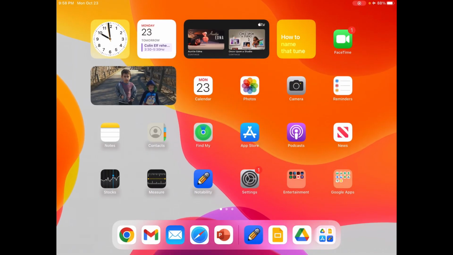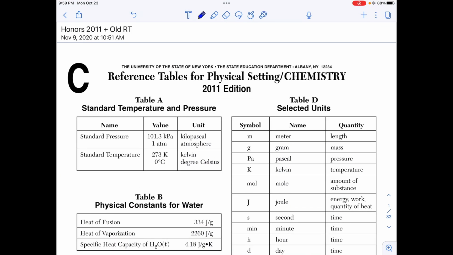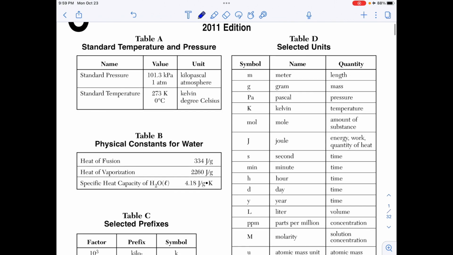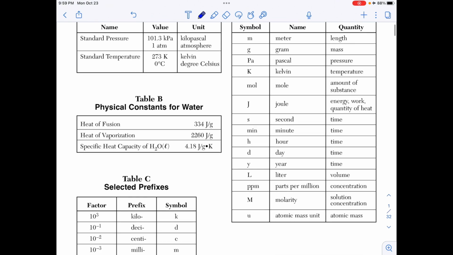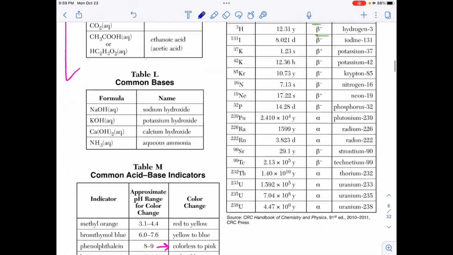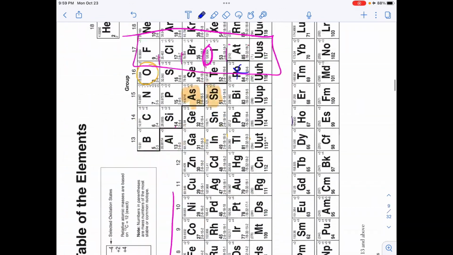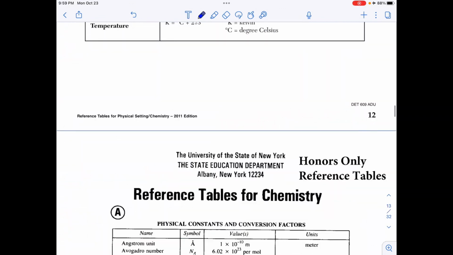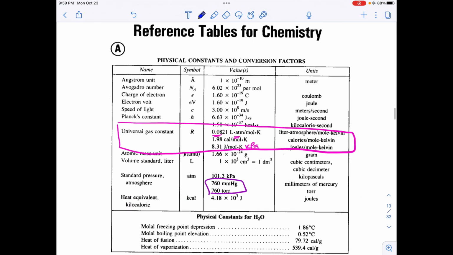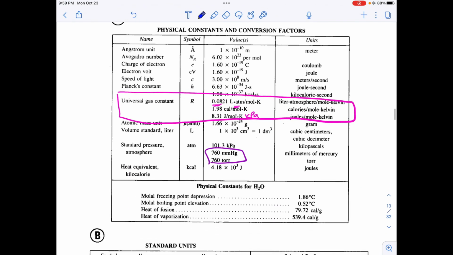Let's see if I can show you. Here we are on the reference tables. Table D, we have atomic mass unit right there. And I believe on the honors reference table, which some of you might not have, they used to have, oh no, that's the charge of an electron. Oh no, here it is.